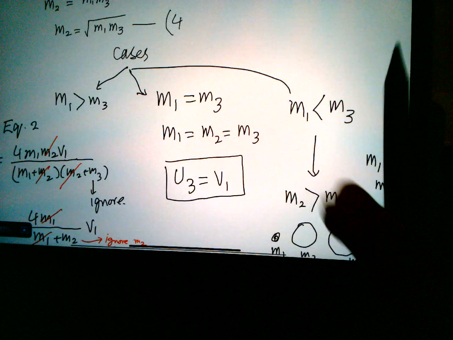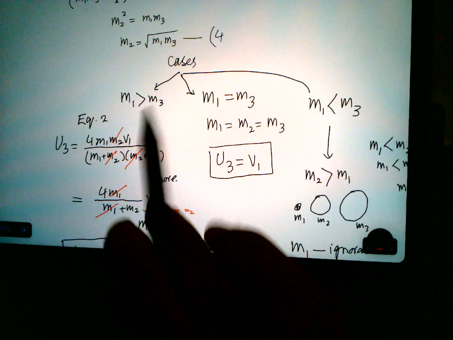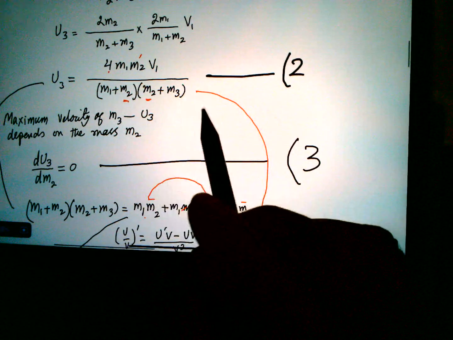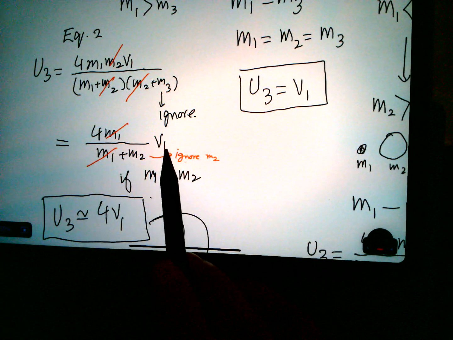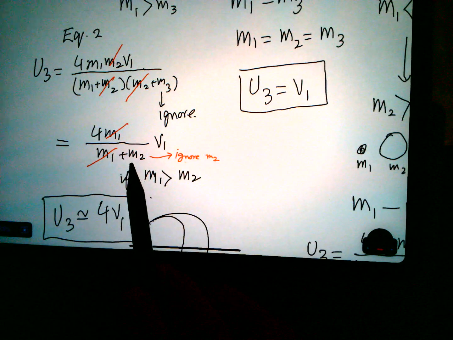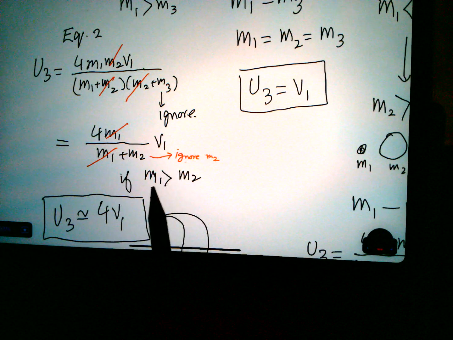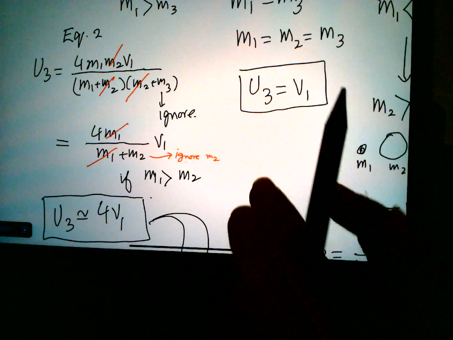If you substitute into the equation for v3, we can ignore m2, and v3 equals 4 times v1.